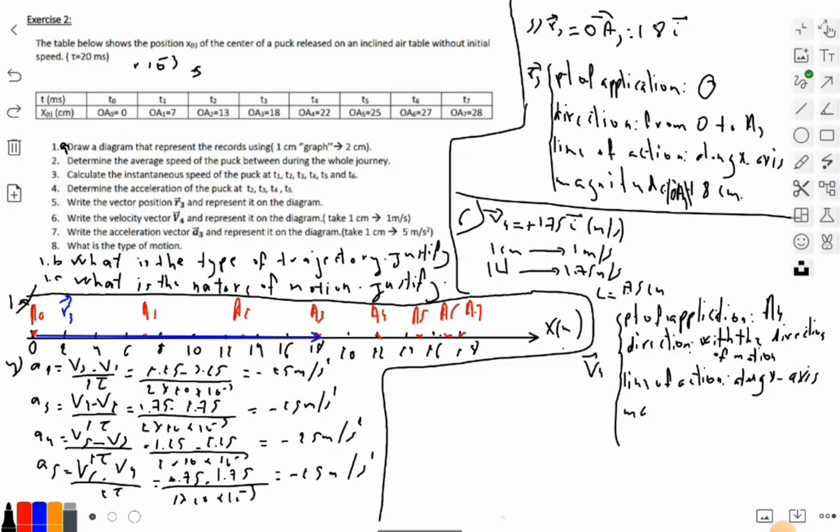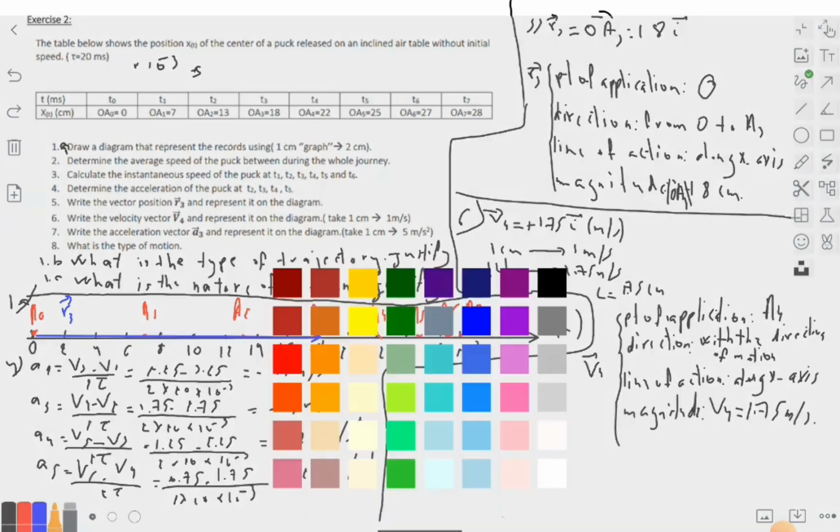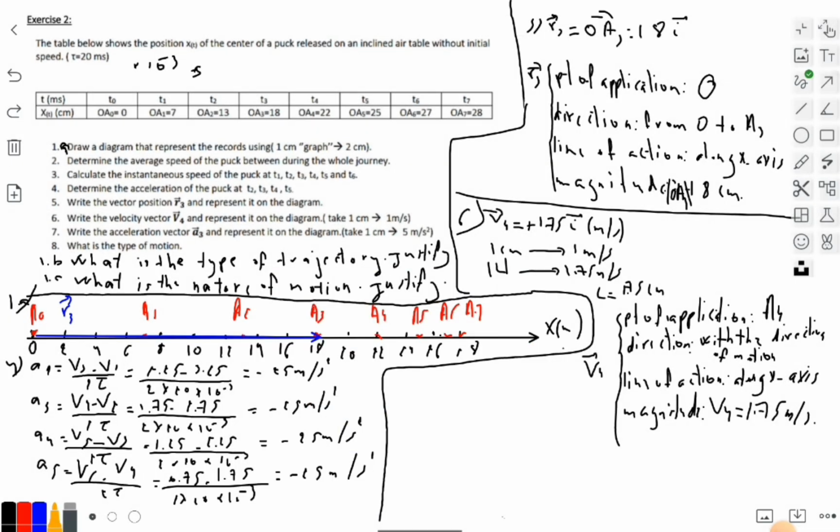And magnitude: V4 equals 1.75 meter per second. So we draw a vector from A4 to the right, with the motion, of length 1.75 centimeter. So this is the V4 vector.